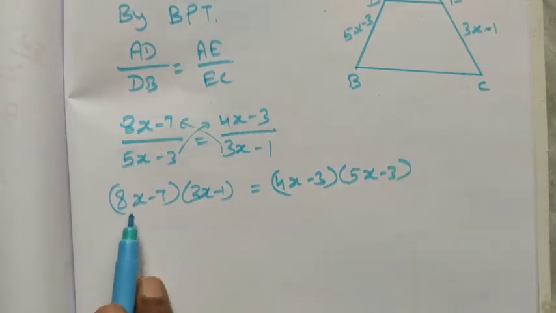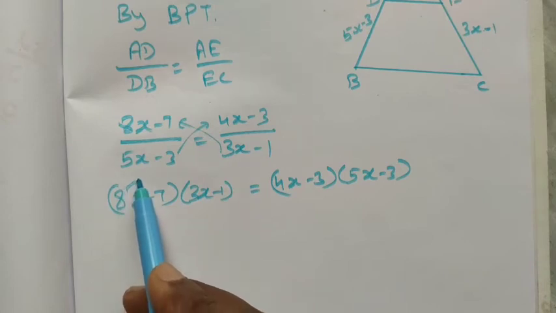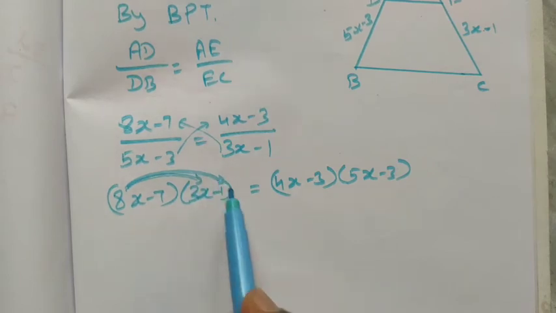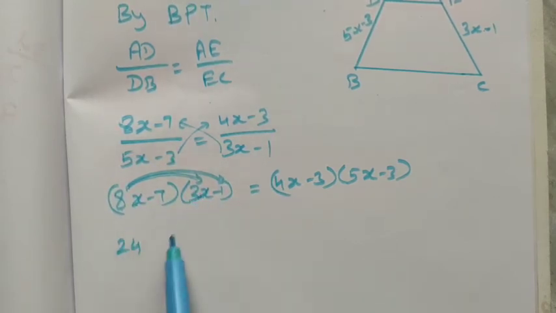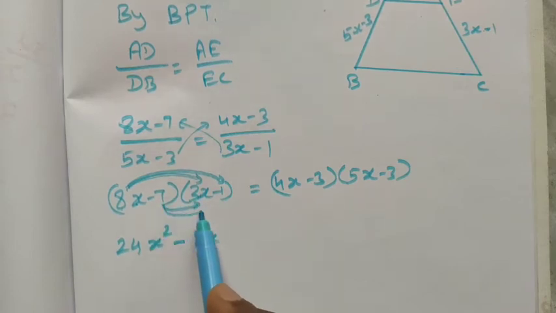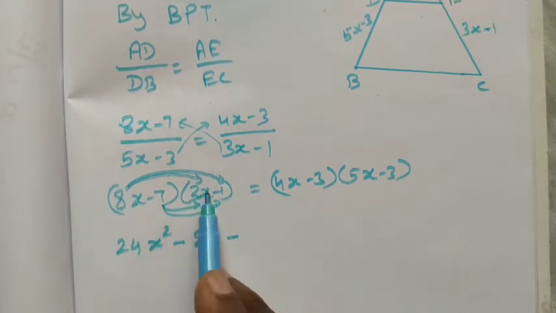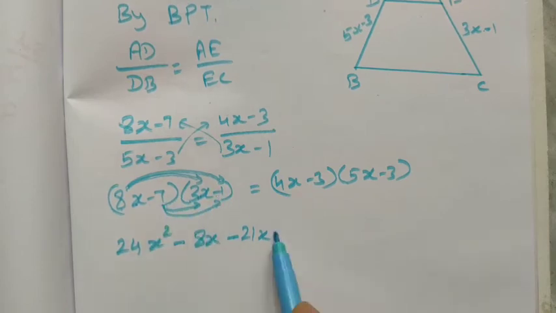Now multiply the terms, binomial into binomial. 8x with 3x: 8 3s are 24x square. 8x with minus 1: minus 8x. Then 7 with 3x: minus 21x. And minus 7 with minus 1: plus 7.